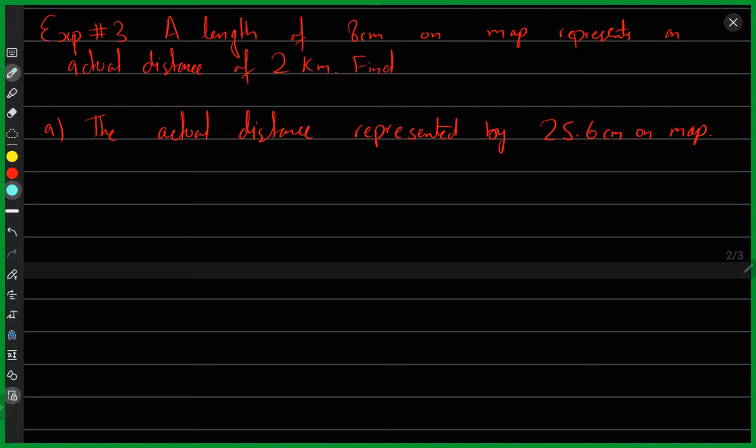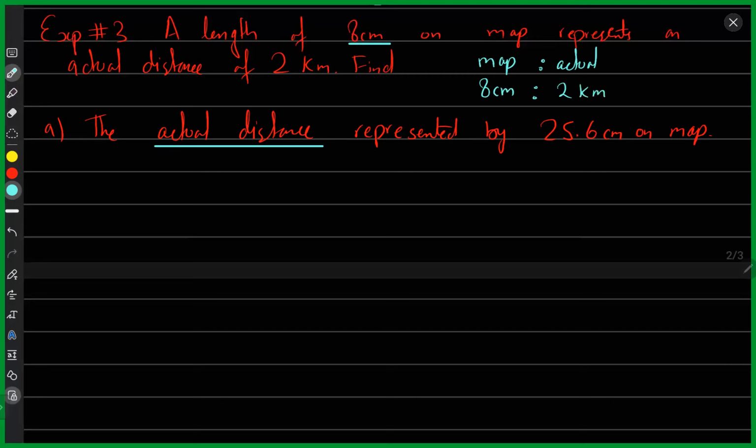First of all, we need to make the standard ratio. It's about actual distance. Whatever we have in the question, we would be able to make the ratio directly. A length of 8 centimeters on the map represents an actual distance of 2 kilometers. So map ratio actual: on the map it is 8 centimeters and actually it is 2 kilometers.